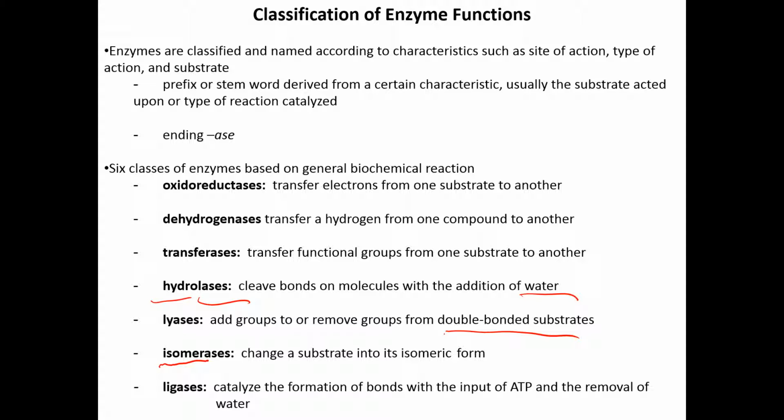So you alter a molecule from one isomeric form to another. And then you have ligases. Ligases catalyze the formation of bonds with the use of ATP and the removal of water. Ligases will be important when we're talking about DNA replication, transcription, translation.